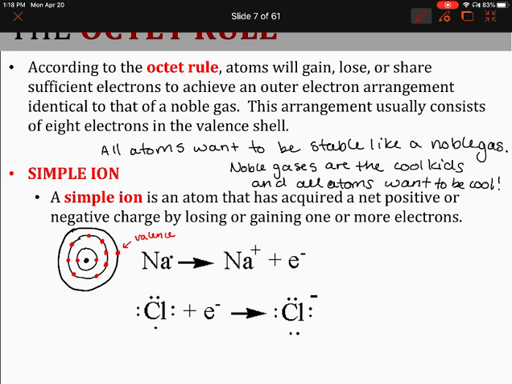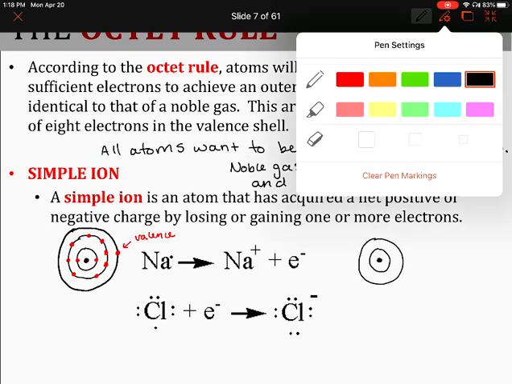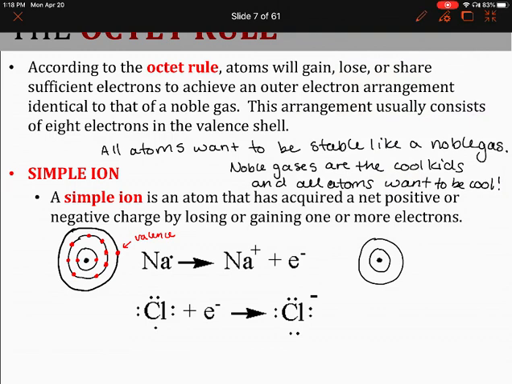Now, if it loses that electron, it's only going to have 2 energy levels, with 2 electrons in the first energy level and then 8 in the second energy level. So now it has 8 valence electrons, like a noble gas.